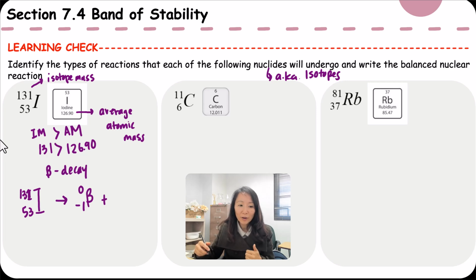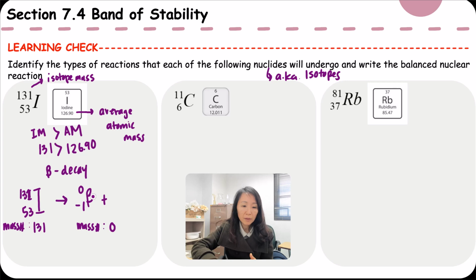If you recall, the mass number of the reactant and the mass numbers of the products should equal out. The mass number here is 131. Over here, the beta is currently 0, but then you'll need the other element to have 131, so 0 plus 131 gives me 131. So the left and right sides of the equation both have 131 for mass.